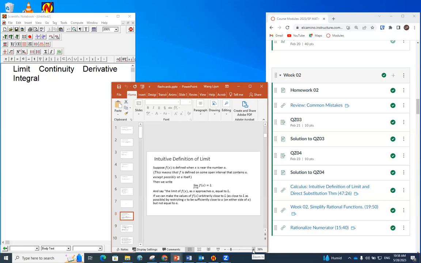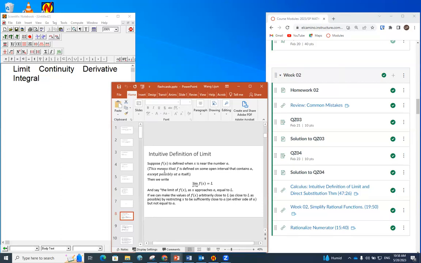It basically says that suppose a function is defined when x is near the number a you're taking the limit of. This means that f is defined on some open interval that contains a, except possibly at a itself.